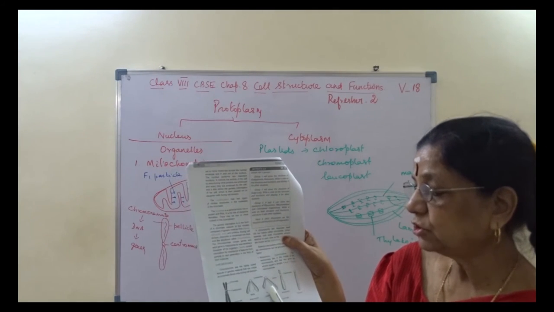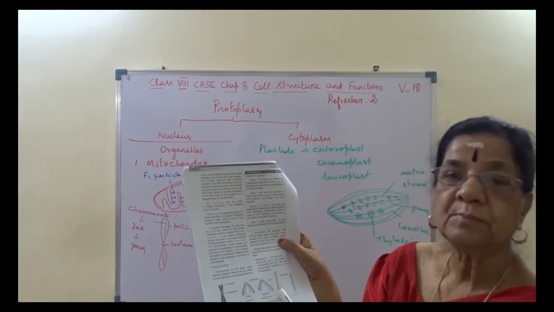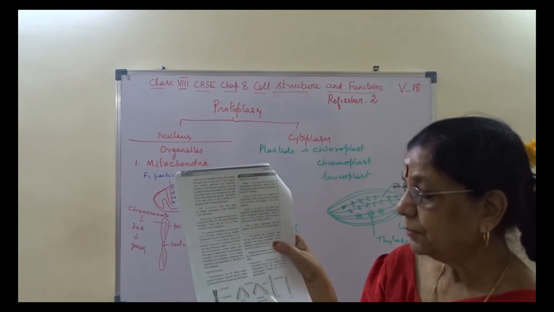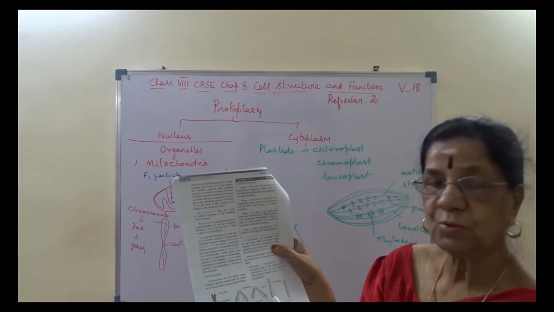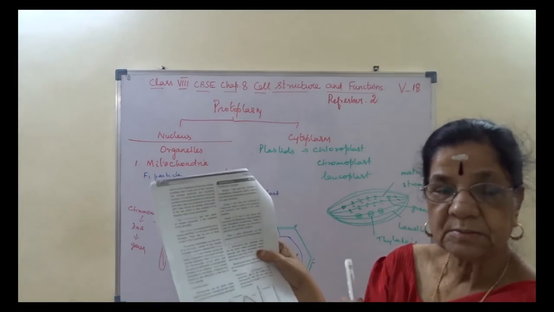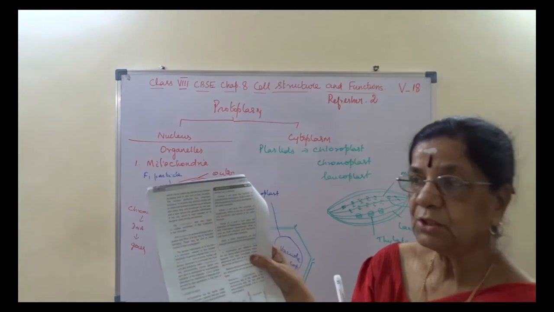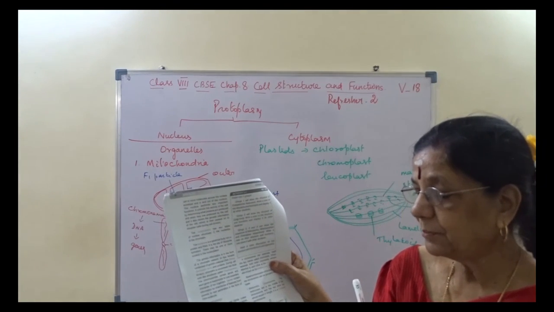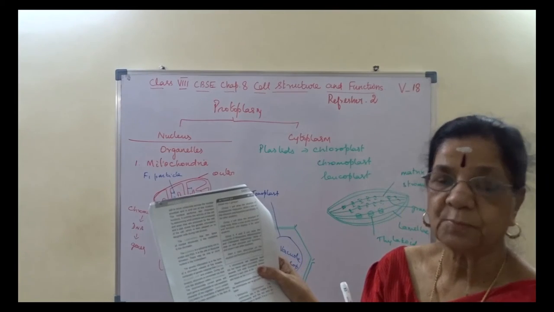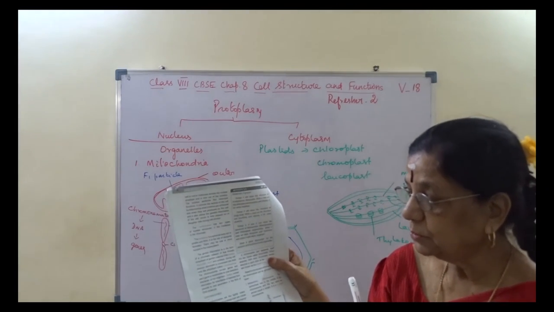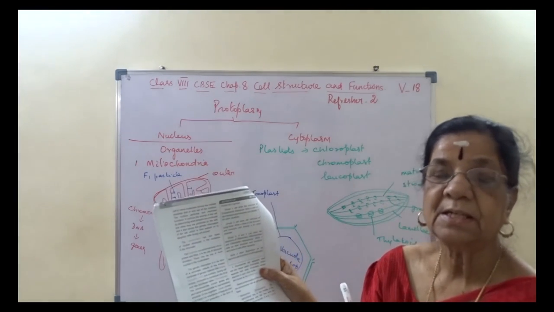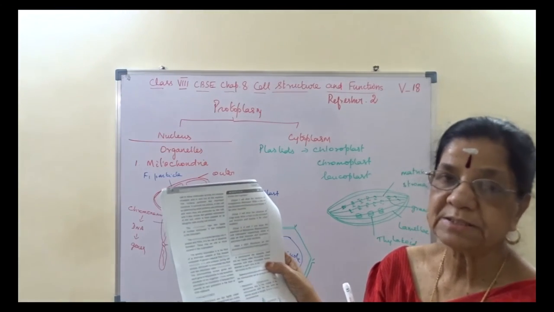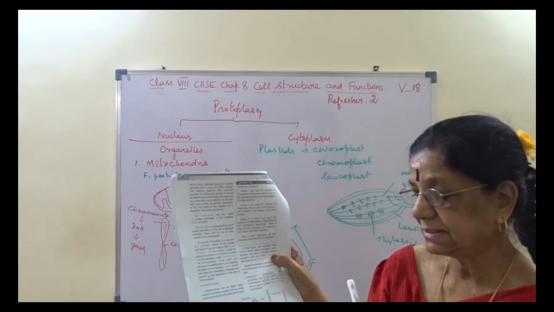With one arm shorter and another arm longer, it is called a submetacentric chromosome. And this chromosome is called acrocentric, where one arm is very short and the other arm is of normal longer size.